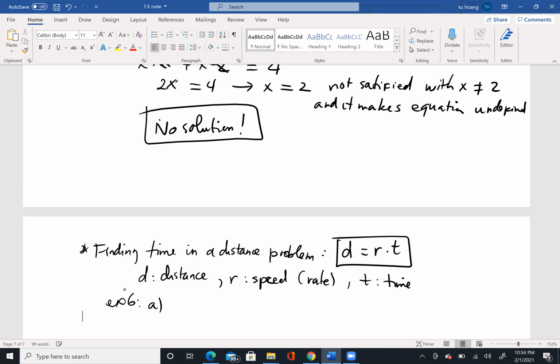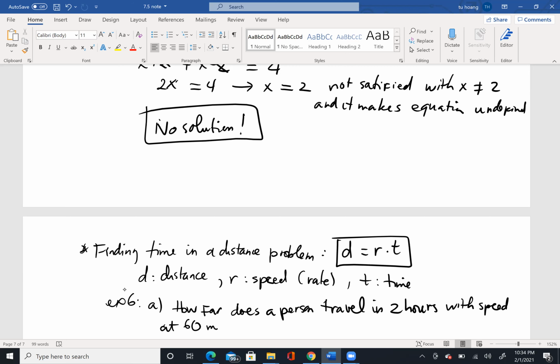Example 6A: How far does a person travel in 2 hours with a speed of 60 miles per hour?